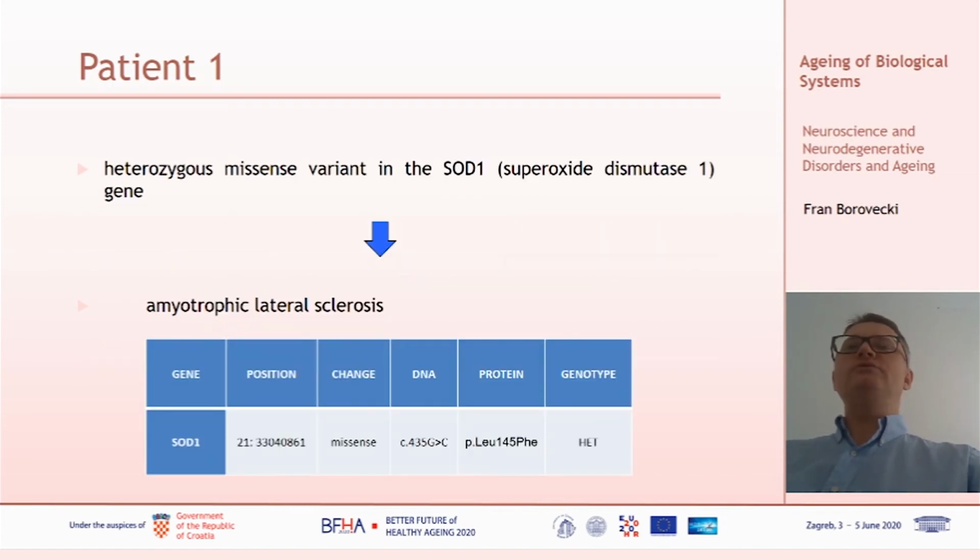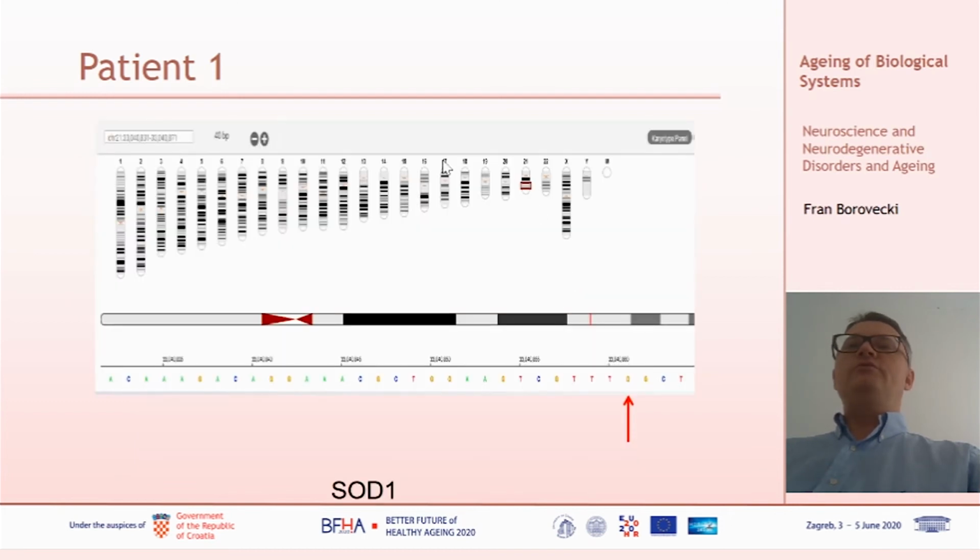We analyzed him using the genomic panel of 125 genes and found that indeed he had a mutation in the SOD1, superoxide dismutase 1 gene, which causes amyotrophic lateral sclerosis. Here you can see the position, the chromosome, the DNA change, the protein change, and the genotype. So we were able to find the mutation in this patient which truly caused the disease.